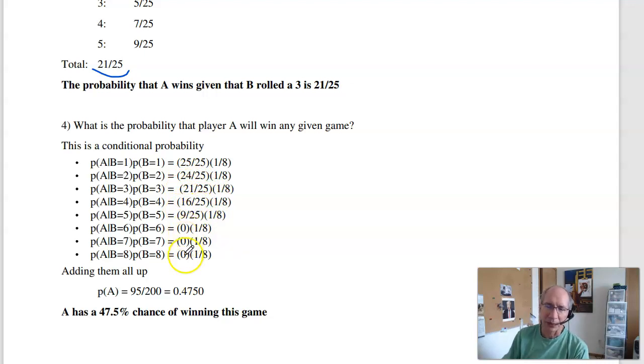A can't roll a 6, 7, or 8. So this is the probability of A given B times the probability of B. Multiply them all out, add them all up, and I get a 47% chance. This is almost a fair game. That's where conditional probabilities are used: take a complicated game like this and split it up into smaller, simpler problems.